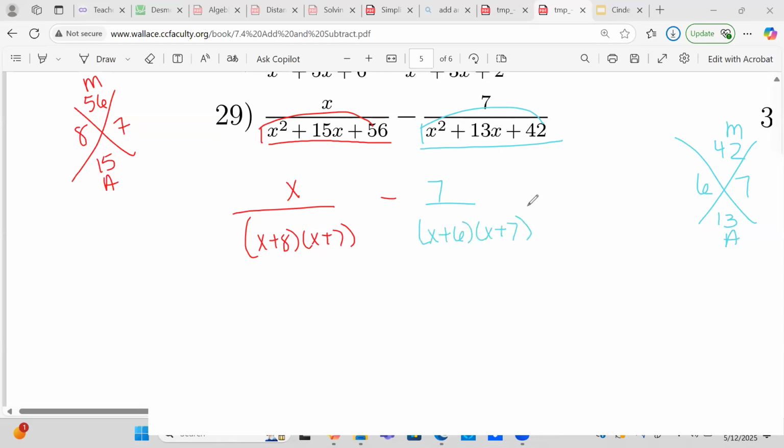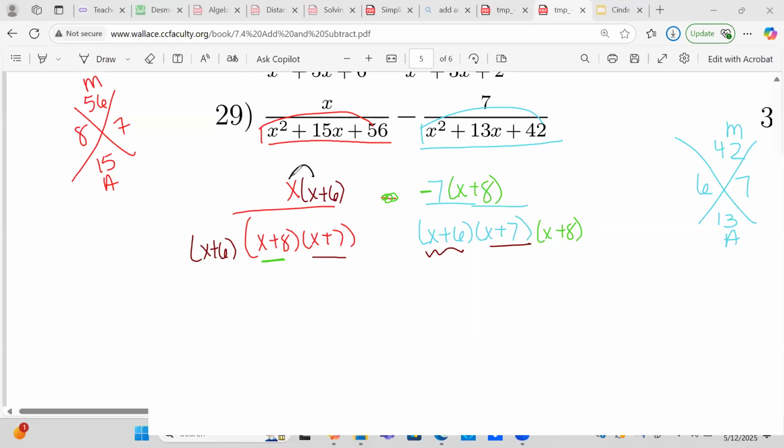Okay, now look at the bottoms. They have both an x plus 7, so that's good. But see this x plus 6? He needs to be invited over here. And of course, be fair. And then see the x plus 8? He needs to be invited over here and be fair. Go ahead, scribble the minus, put it right tight with the 7.